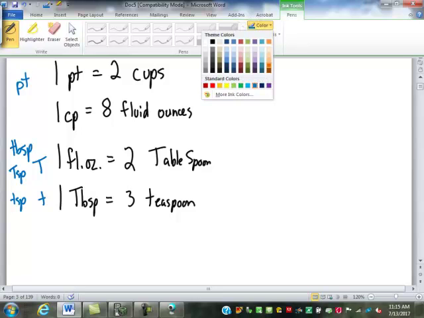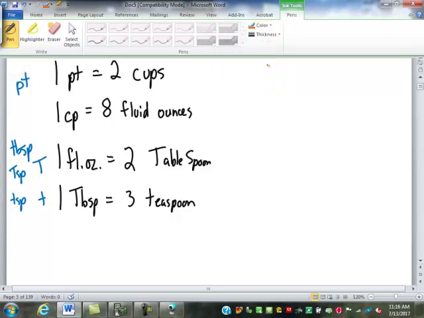Now the next couple things I'm going to put up here you don't have to write down. I'm just going to throw them up here to show you that they actually are real units. Smaller than a teaspoon, we have 2 dashes. A dash actually is from a spice shaker. Now, I'm not talking about a salt or pepper shaker.